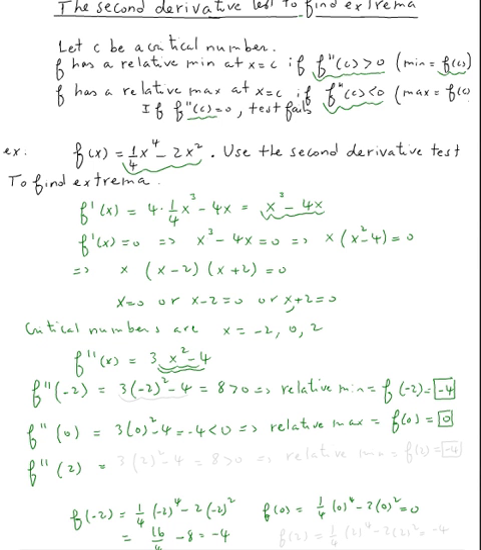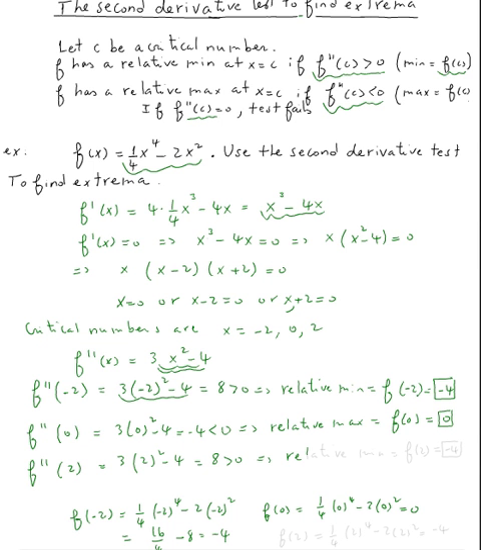Now we do the same thing, plug 2 into the second derivative, you get 3 times 2 squared minus 4. And this is exactly like the one before, it has to be 8, which is positive.